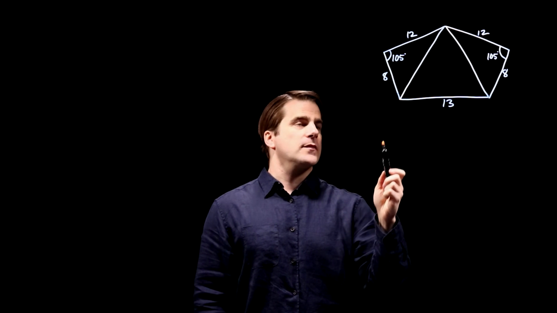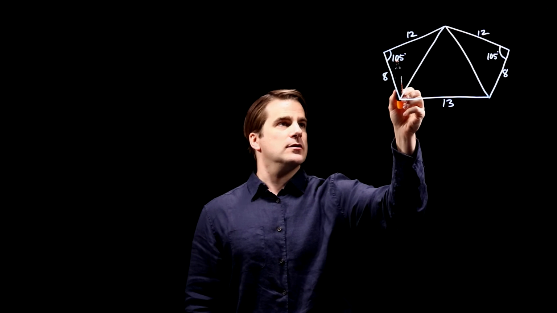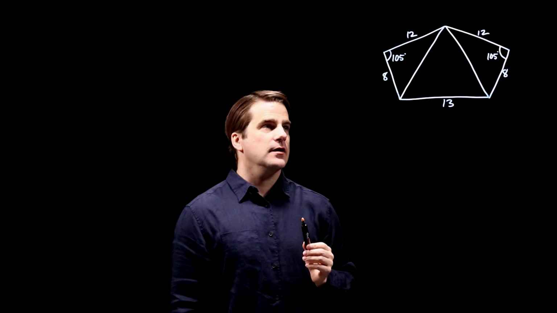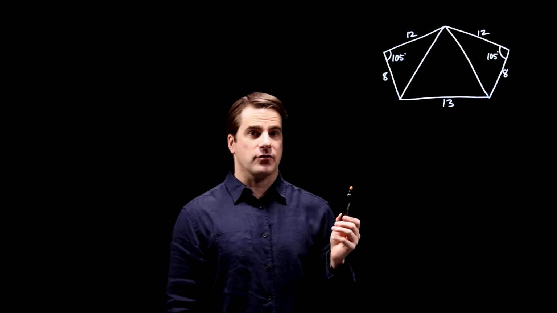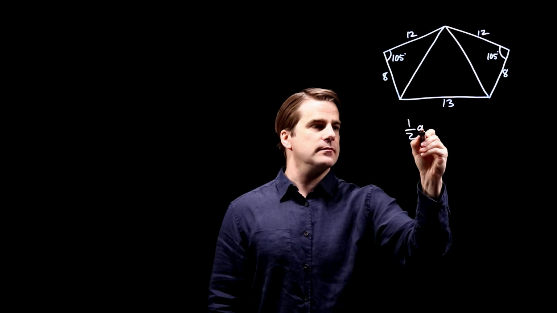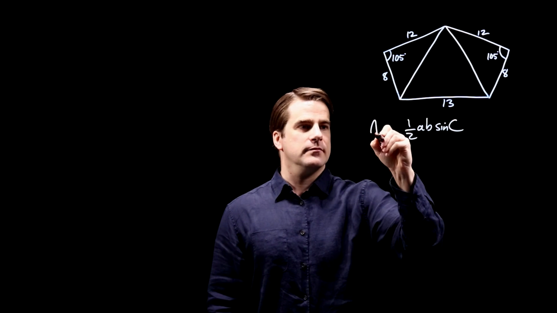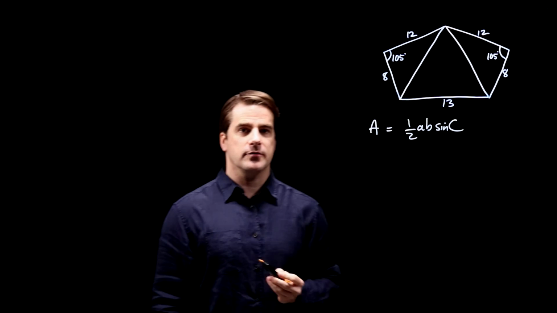So, look at this. We've got an angle and two sides of a non-right-angled triangle. So straight away, we can use the formula for the area of a triangle, which is half ab sine C. And we've got the area of these two straight away.